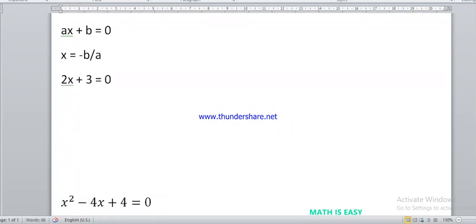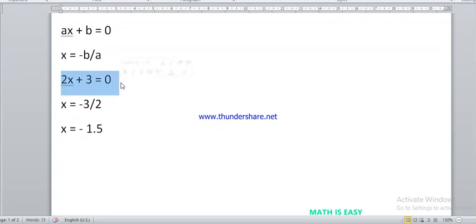If I solve for x value, then I get x equals minus 3 upon 2. So that is x value is minus 1.5. So for this polynomial, 2x plus 3 equals 0, I got x value as minus 1.5.